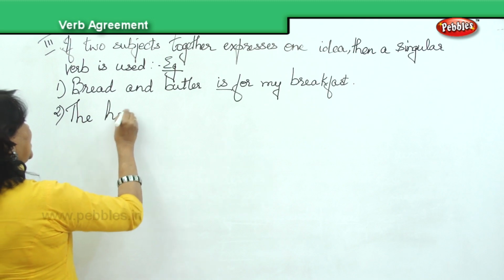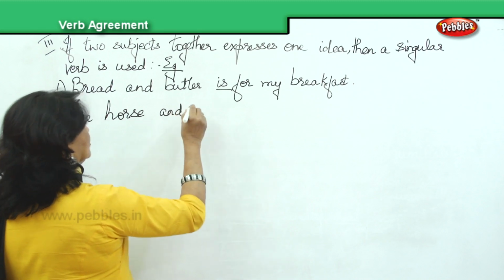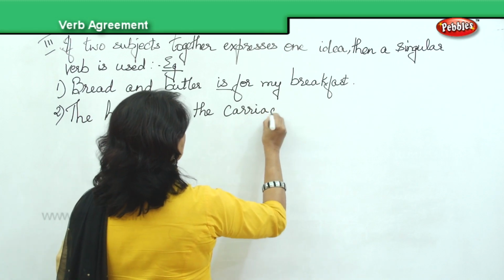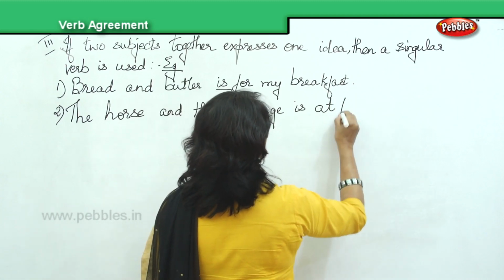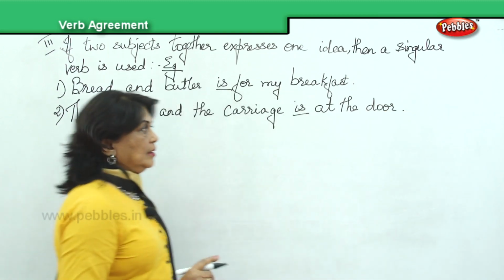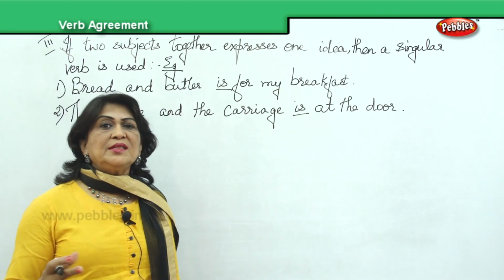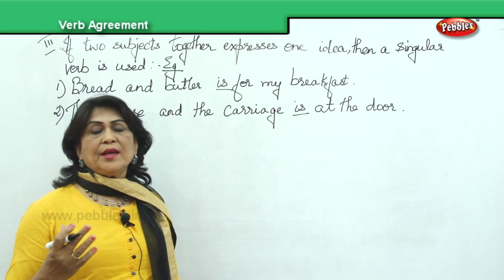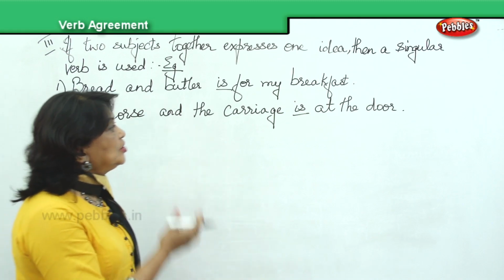The horse and the carriage is at the door. "Is." Now, if you see the horse and the carriage, in foreign countries they don't have bullock carts, they have only horse-drawn buggies, or they call it a carriage. The horse and the carriage is at the door.